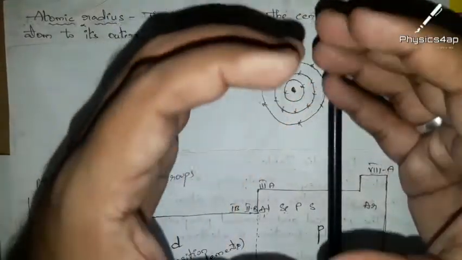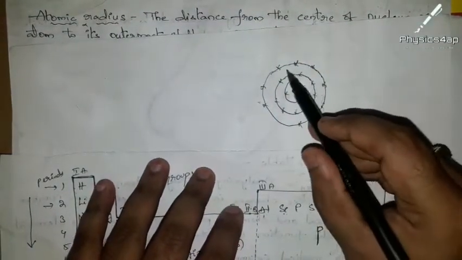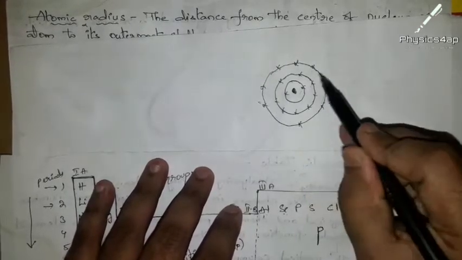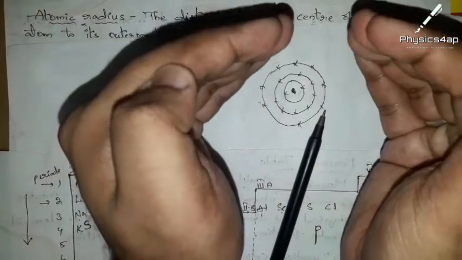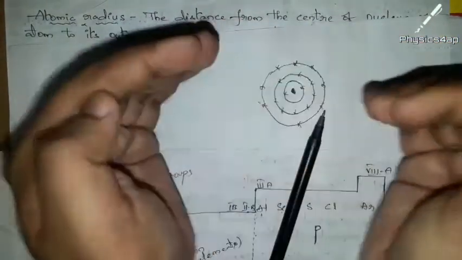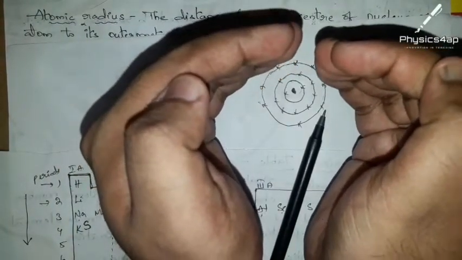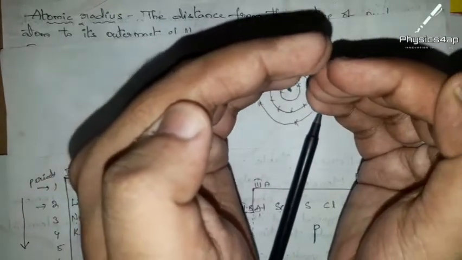Because as the nucleus attracts the electrons in the outermost orbit, the atomic size keeps decreasing. When there was 1 electron it was of this size, but as the electrons increase, due to the attraction of the nucleus, slowly the atomic radius, that is the shells, decreases.